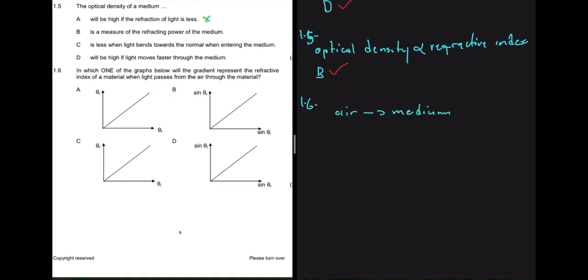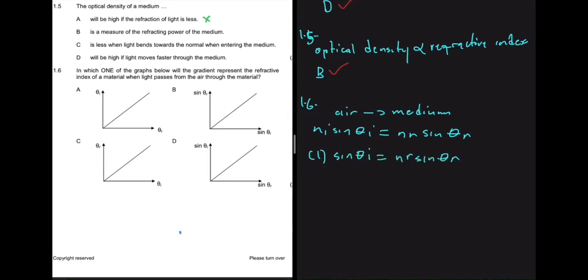So if we use Snell's law, we're going to get Ni sine theta i being equal to Nr sine theta r. So we're going from air to some medium. We know fully well that the refractive index of air is 1. So if we substitute that, we're going to get 1 multiplied by sine of theta i being equal to Nr sine of theta r.